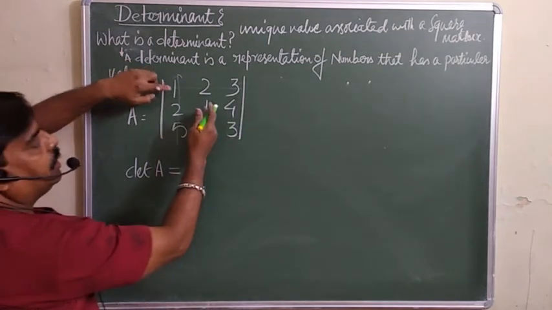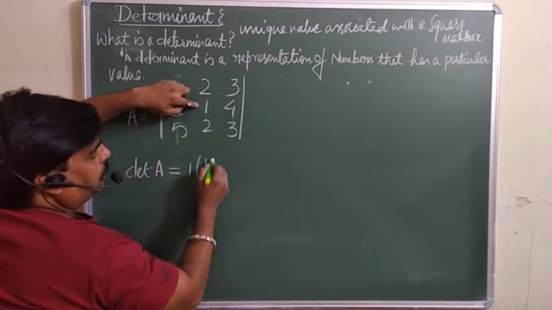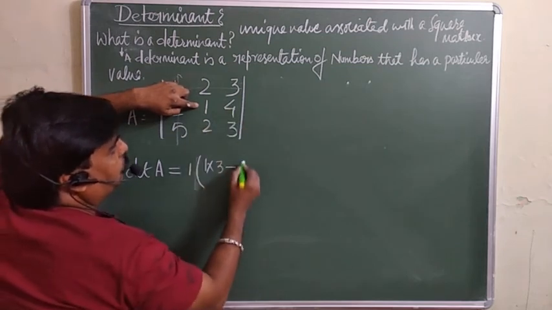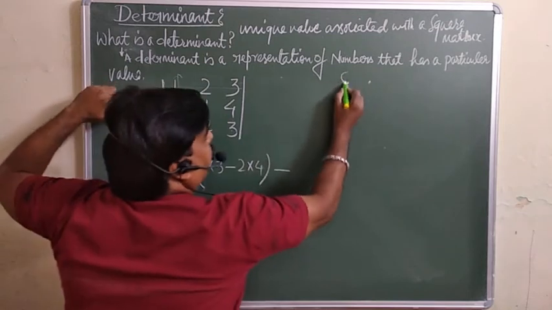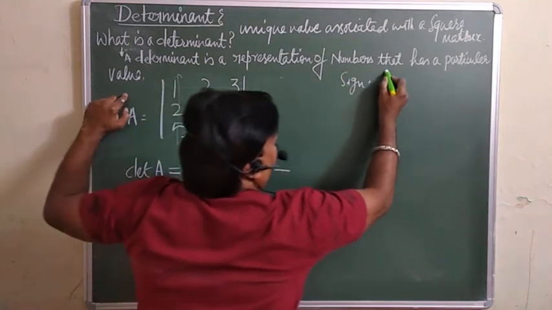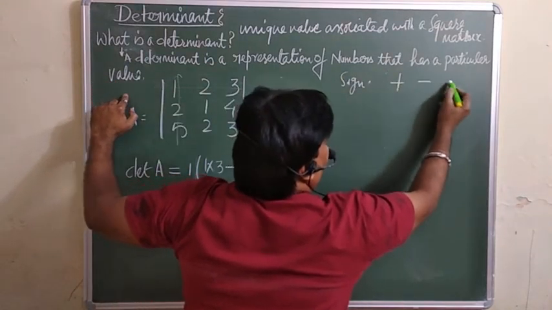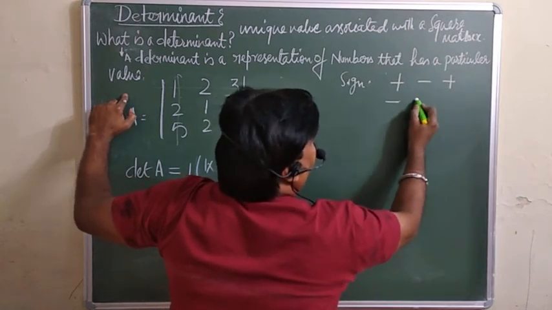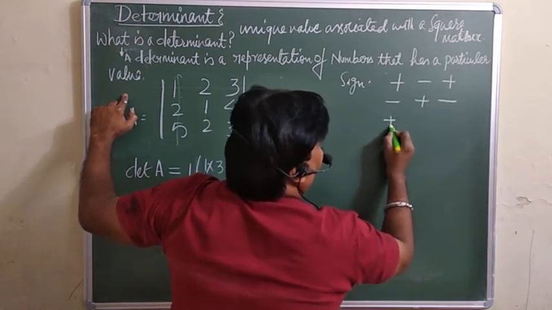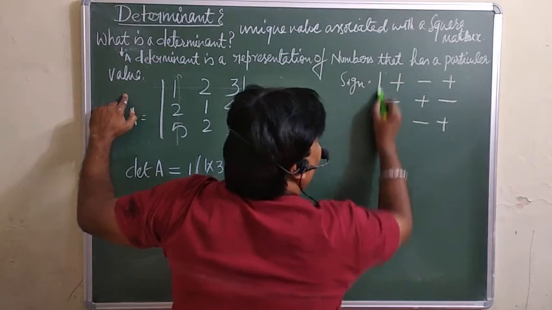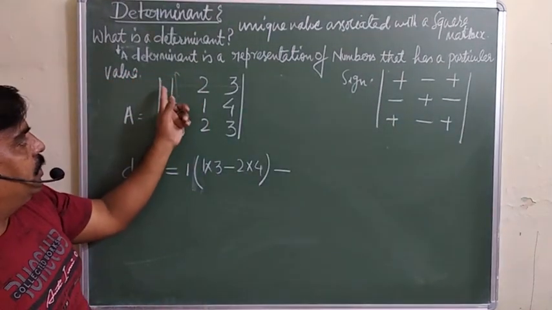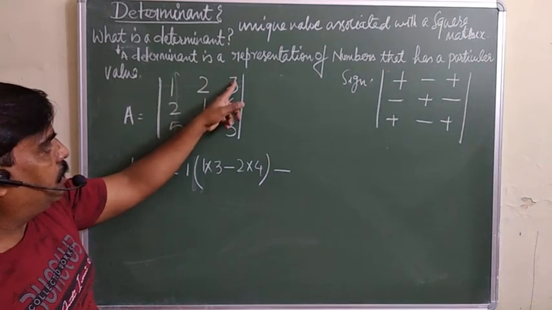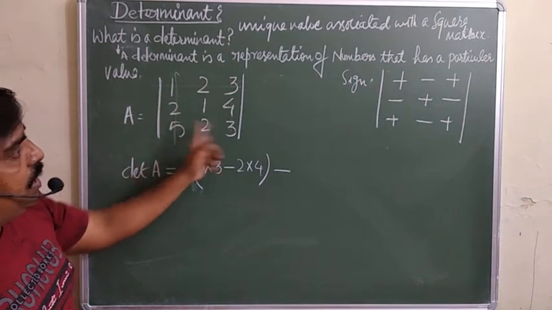We multiply 1 into 3 minus 2 into 4. Regarding the sign, it is plus, then minus, then plus, and so on. For a 3 by 3 square matrix, it is plus, then minus, then plus, likewise we continue.